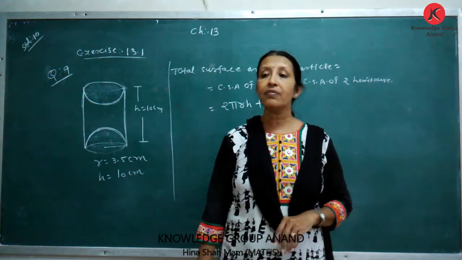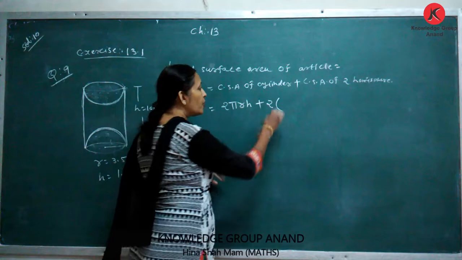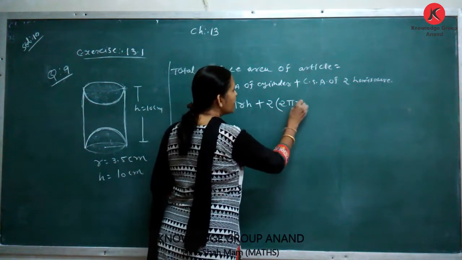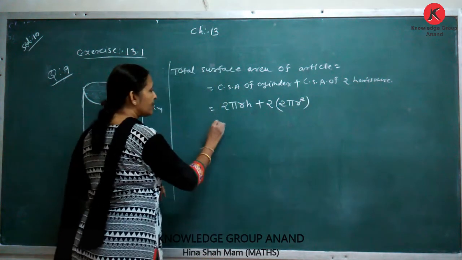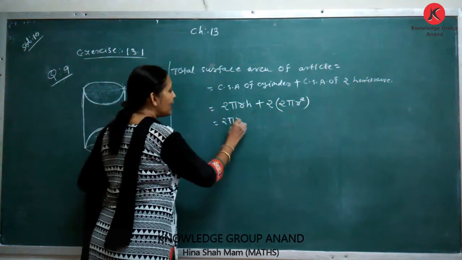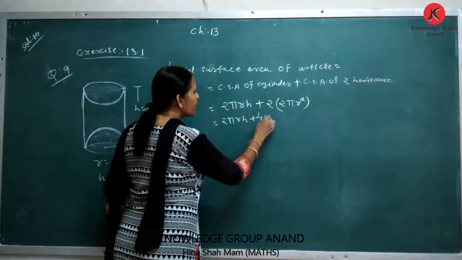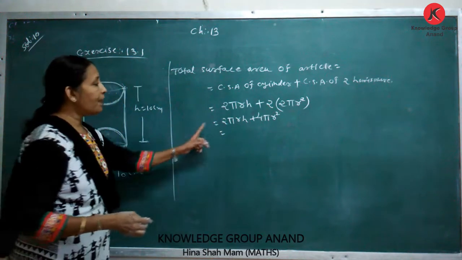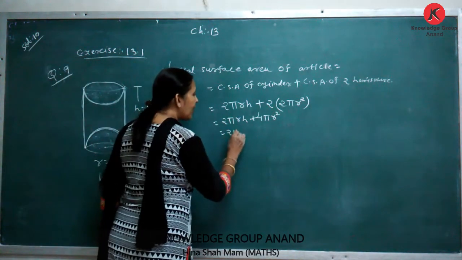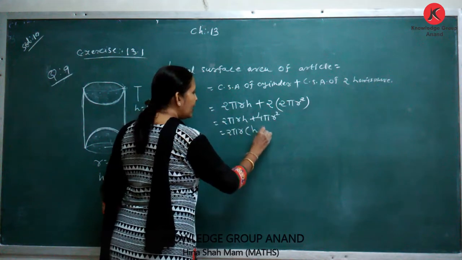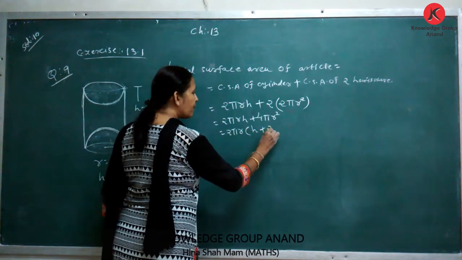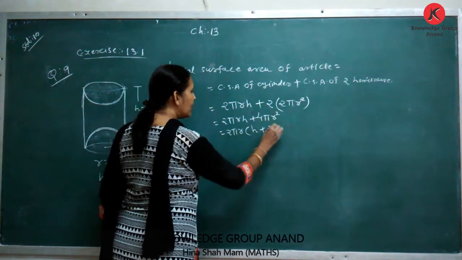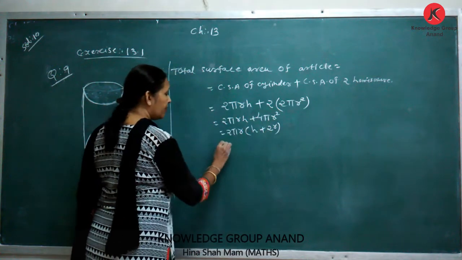Which formula? Yes, 2 pi r square. Then we write 2 pi r h plus 4 pi r square equals, which is the common part? 2 pi r. Then h plus 2 twos are 4, so h plus 2 r, with 2 pi r common.